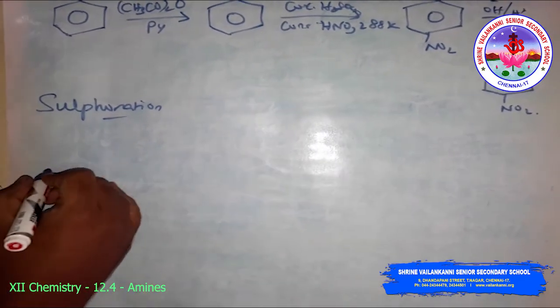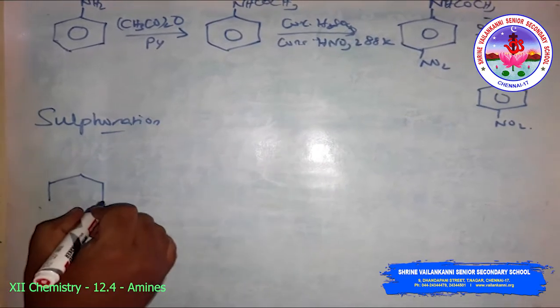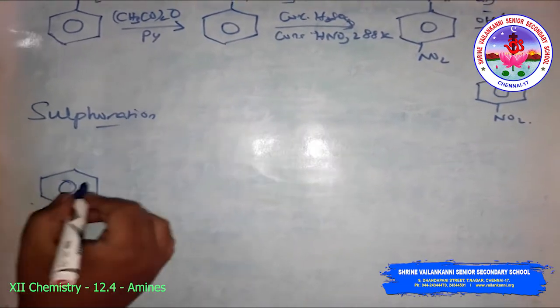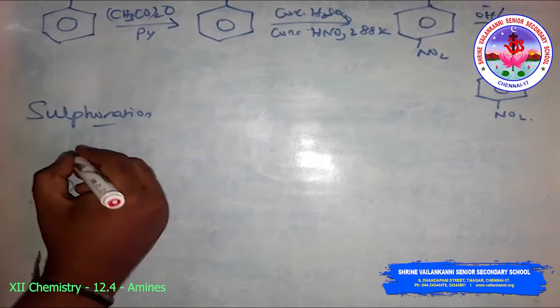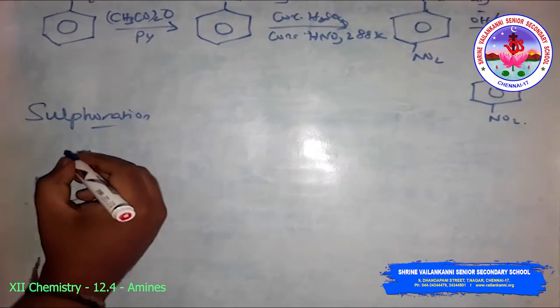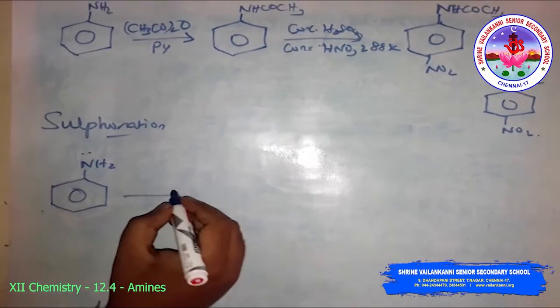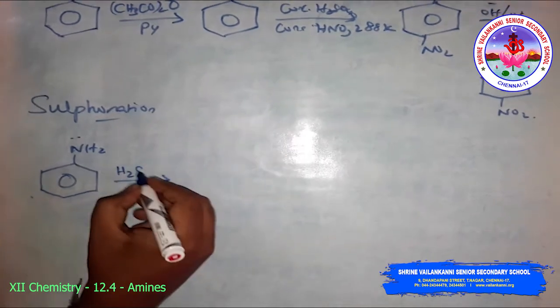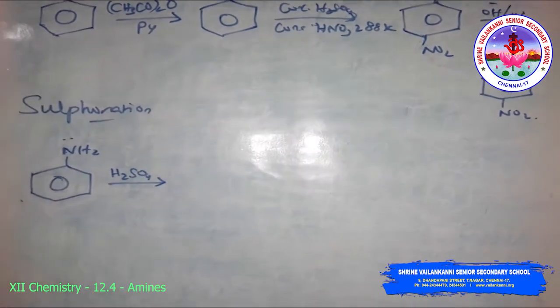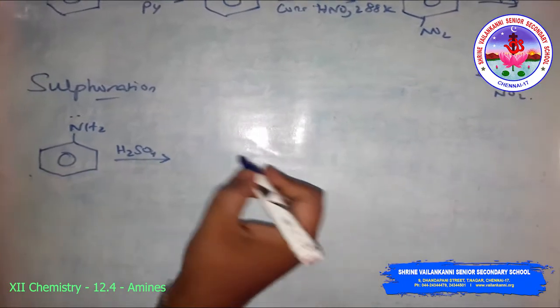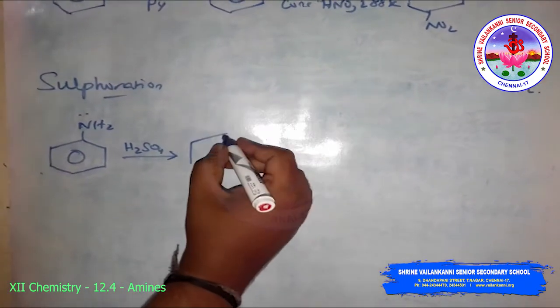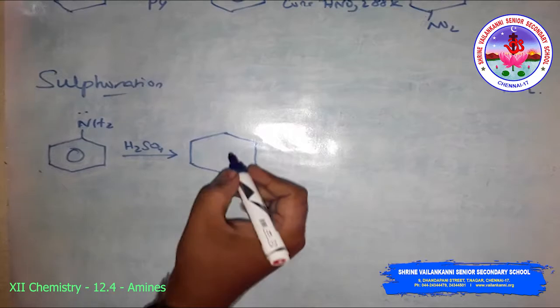So anilinium hydrogen sulfate is NH3 plus HSO4 minus. So this is anilinium hydrogen sulfate. Again, the temperature range is 453 to 473 Kelvin to form sulfanilic acid.